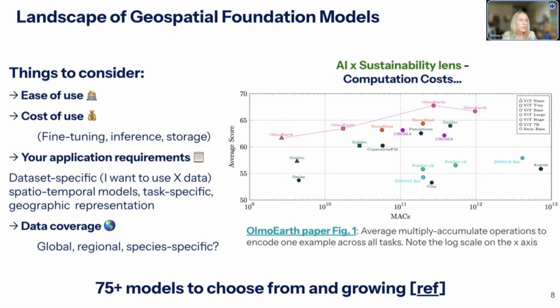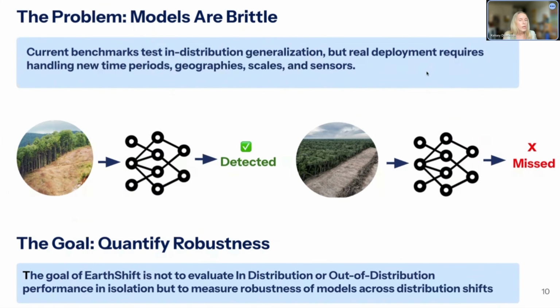At the time of making this slide, there were around 75 plus models on the awesome remote sensing GitHub link, but I'm sure there's 100 plus foundation models now, and it's continuously growing. So there's a lot of factors to consider on which one you should choose for your use case.